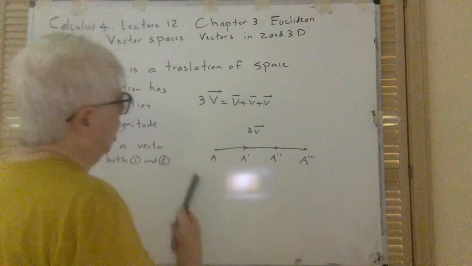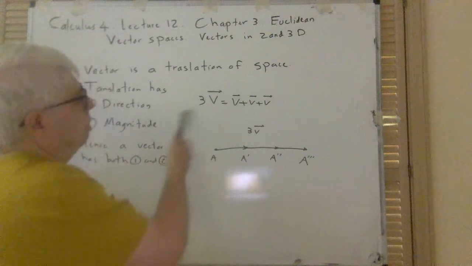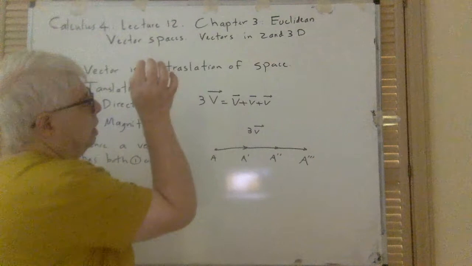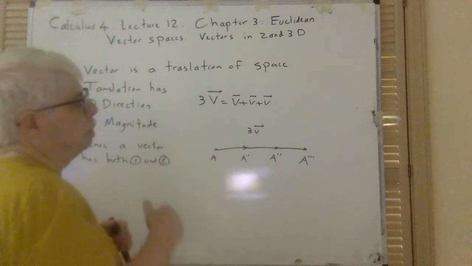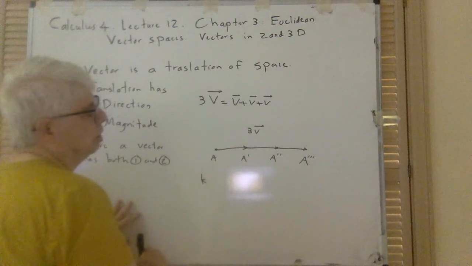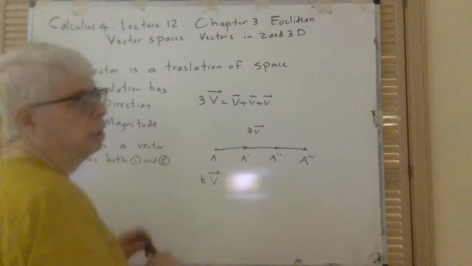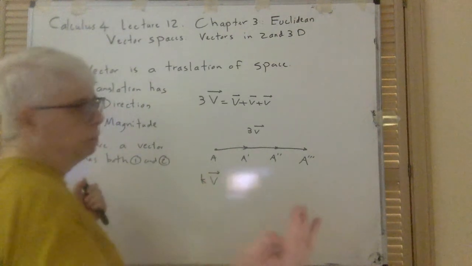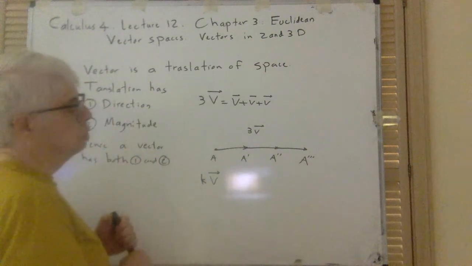Now, if I said any real number times this vector, we can get the idea from here and say, okay, this 3 times V is just multiplied by the magnitude of a vector. So if I have any real number k times V, we can say that this is just multiplied by the magnitude of the vector. It either magnifies it, makes it longer or smaller, depending on k, or even direction goes this way.